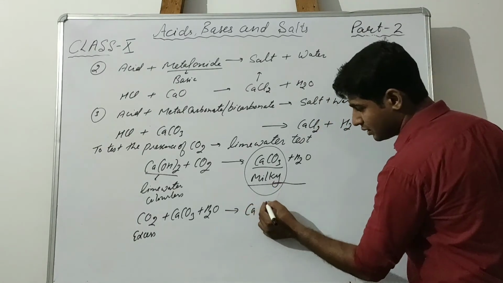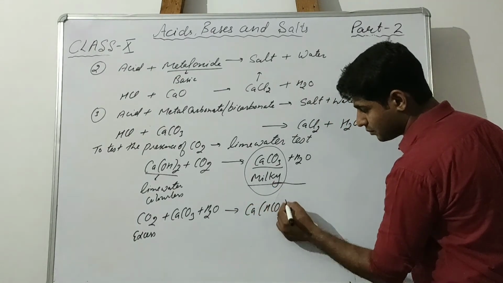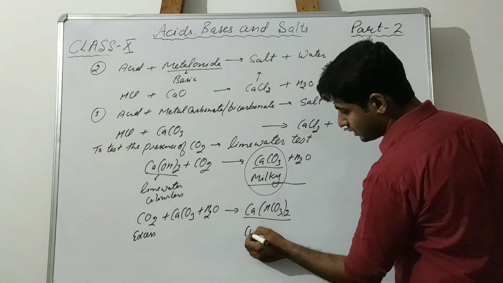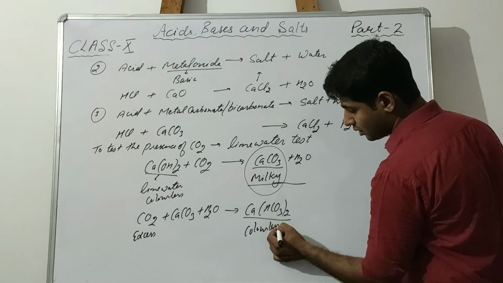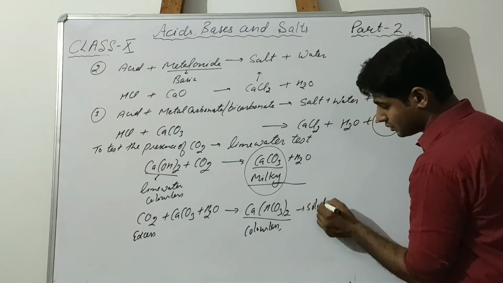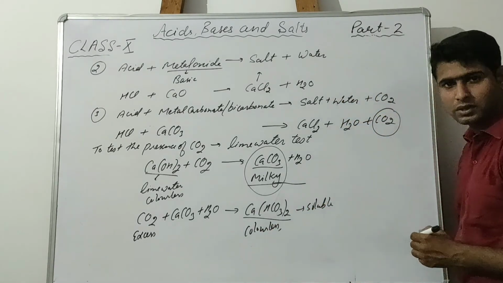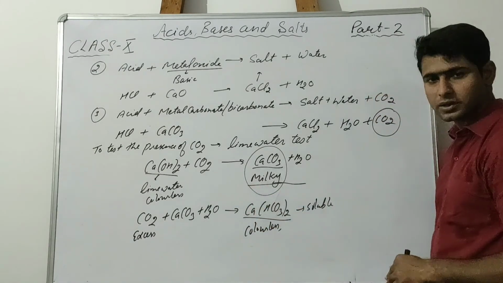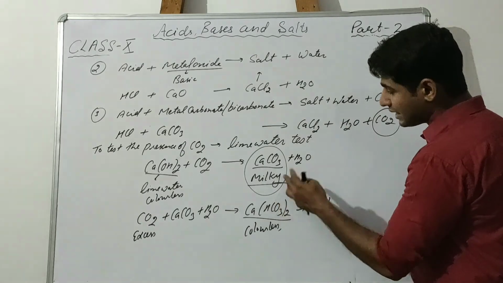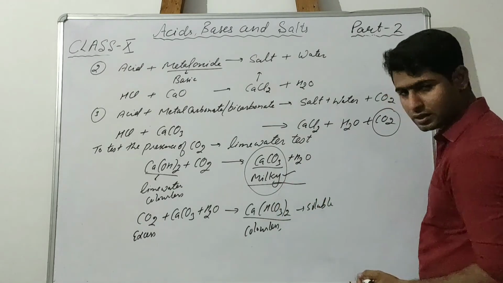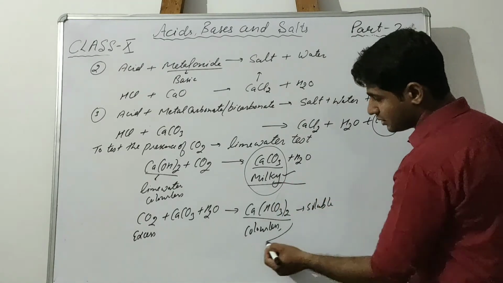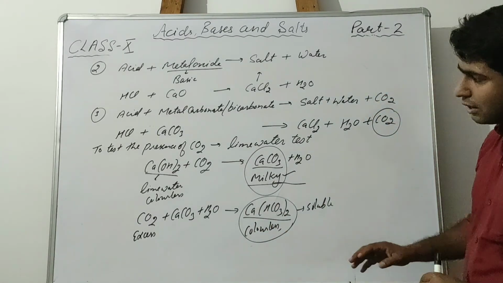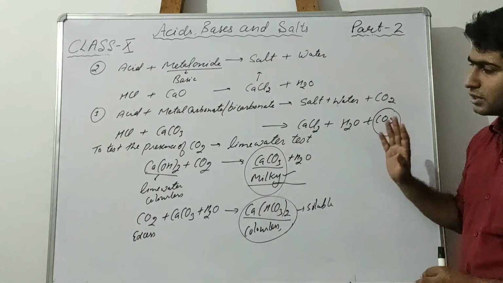We get कैल्शियम बाइकार्बोनेट and then it turns again to colorless. It becomes soluble and colorless. So if we go on passing carbon dioxide, we don't get the milkiness, and it turns into a colorless solution, so we cannot identify it. So we have to pass carbon dioxide in a limited amount.